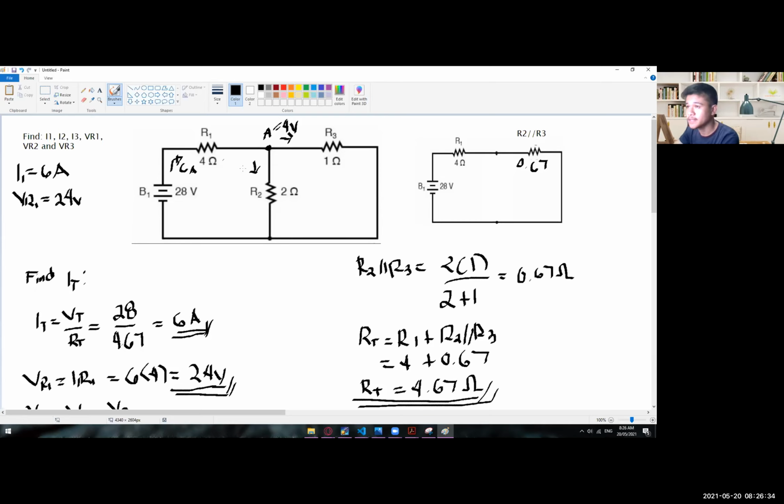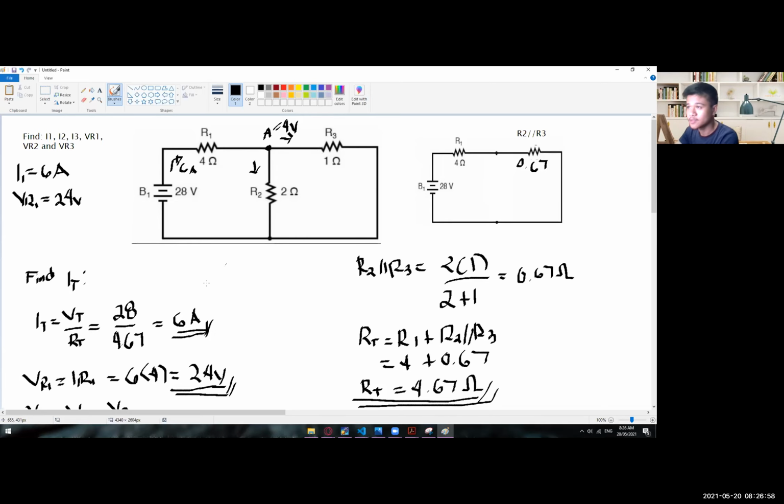So we already know that some voltage will go here, some voltage will go here. But if you guys are going to take a look at this one, they are actually in parallel. So again, in parallel, whatever voltage is passing through here is the same or equal with the voltage that is passing through here, as long as they are in parallel with each other.